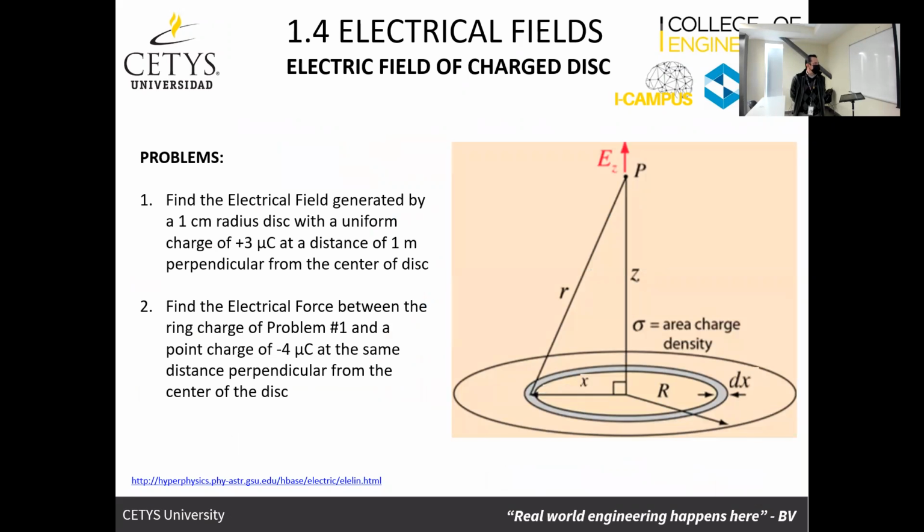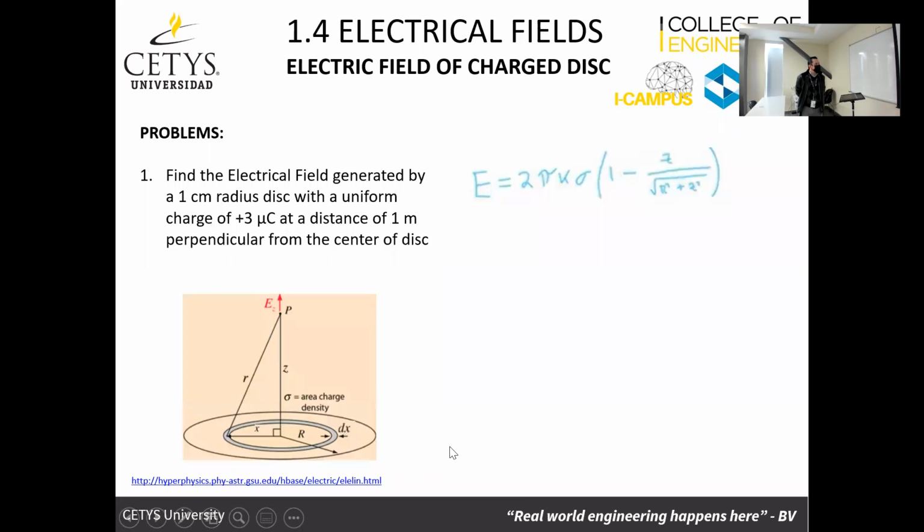The situation now is that we've got a disk, and that disk has a certain radius. There's a point at a certain distance from the center of the disk, and we want to see what the electrical field is at that point. There are two problems associated with that.